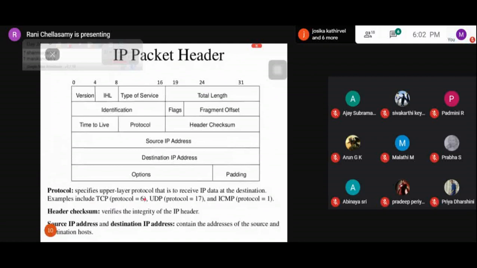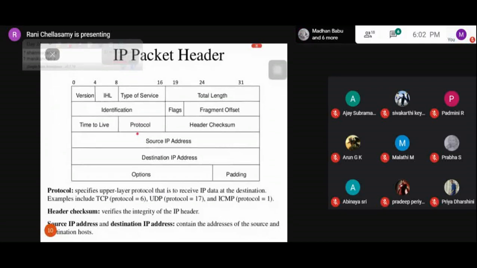If the upper layer protocol UDP is used, the protocol value 17 is mentioned here. And if it is ICMP, the protocol value will be 1. So the protocol field specifies the upper layer protocol.